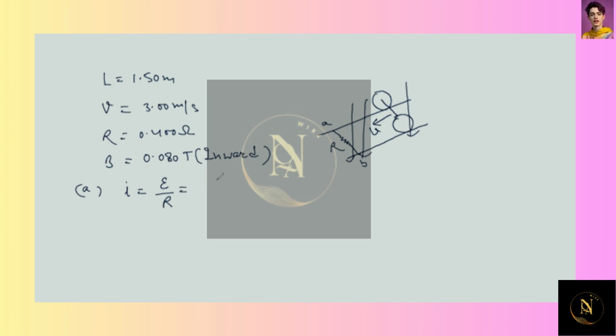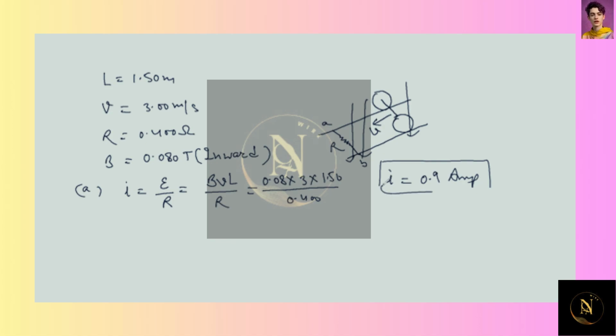This EMF is given by BVL divided by R. So when we put these values, this is 0.08 for magnetic field, 3 meter per second for the speed, and for length this is 1.50, divided by 0.400 ohm for resistance. So the current passing through the resistance comes out to be 0.9 ampere. This is the answer for the first part of the problem.